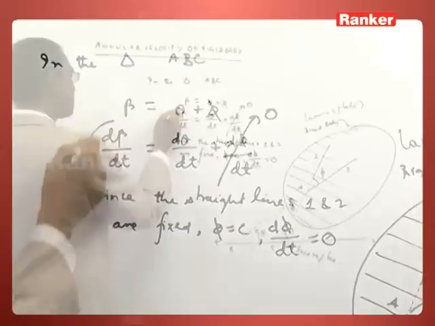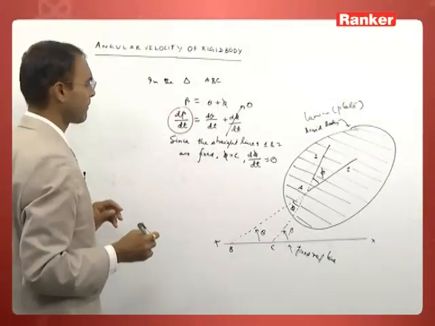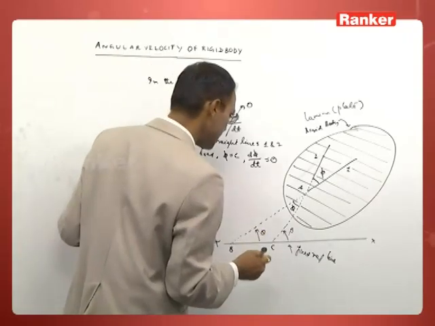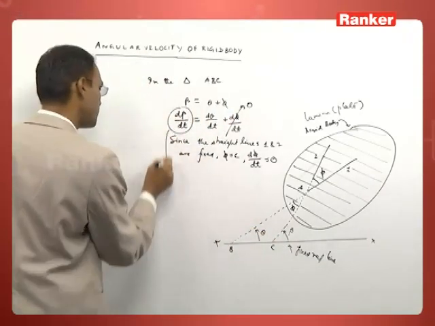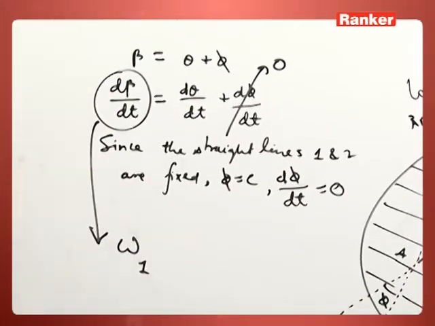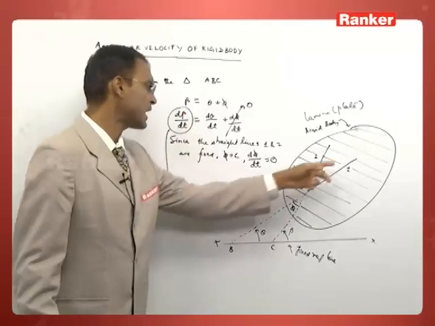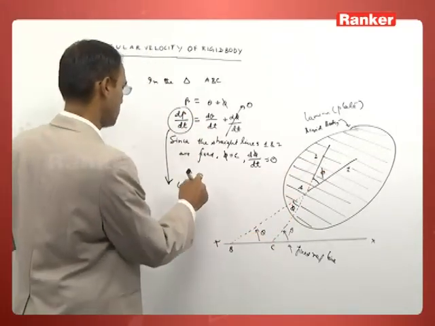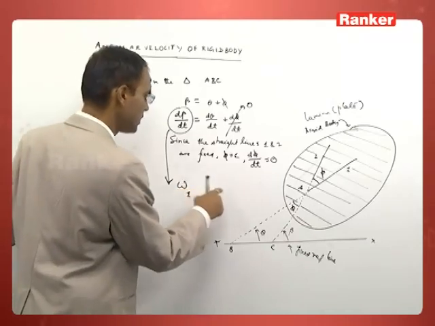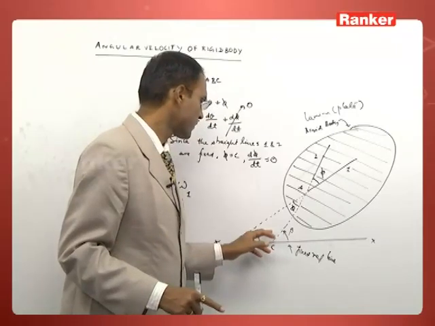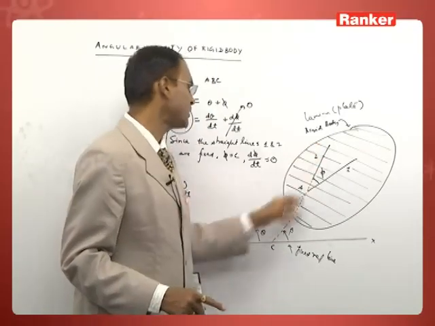And according to the concept of angular velocity, d beta by dt is the angular velocity of the straight line 2, because beta is the angle or angular position of the straight line 2.